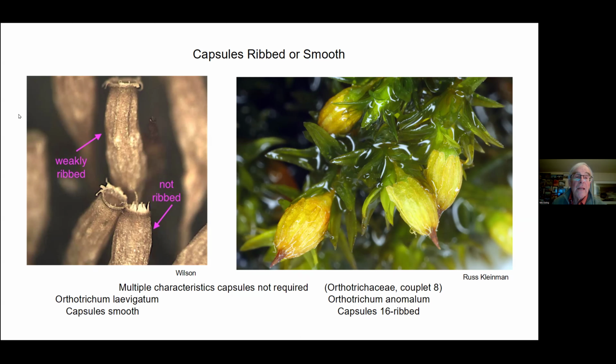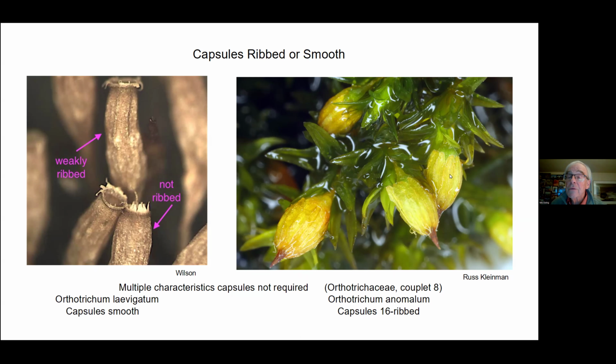So I went online and I got this illustration of Orthotrichum laevigatum, and they pointed out that sometimes the species is weakly ribbed, but in this case, I think they're clearly different because the 16 ribbed Orthotrichum anomalum is ribbed all the way from the top to the bottom.